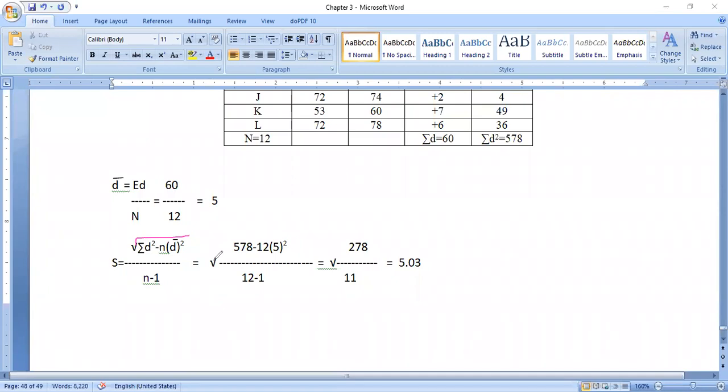Okay, here sigma d square value we already got in the table. Here you observe the value 578 minus 12, d bar value is 5. We have taken the 5 here, whole square. Then finally we got 278.